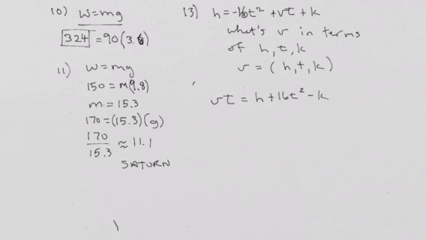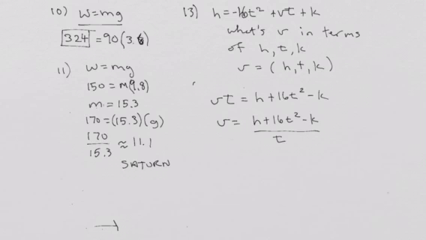And the only thing left to do now is get v by itself, and v is being multiplied by t, so we want to divide both sides by t, and I'm going to get v equals all this junk over t. Now, it didn't seem like we did anything wrong there, but it doesn't match any of the answer choices. So how could we mess with this thing and get this answer into a different form?